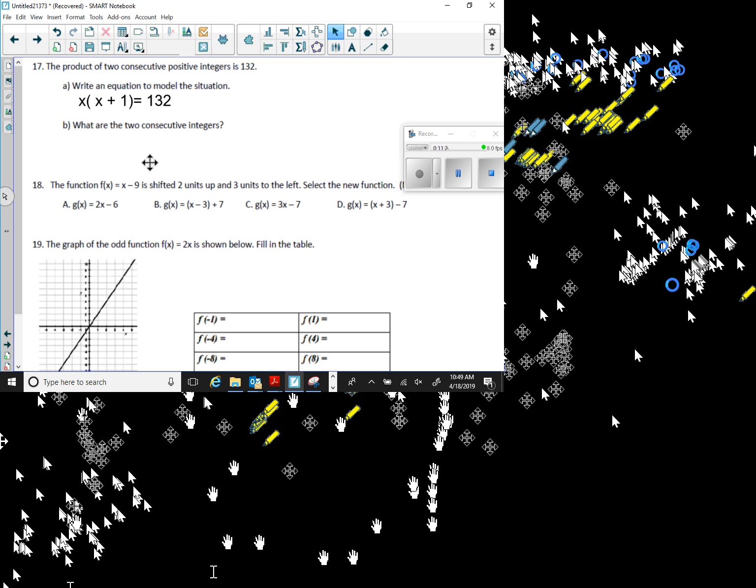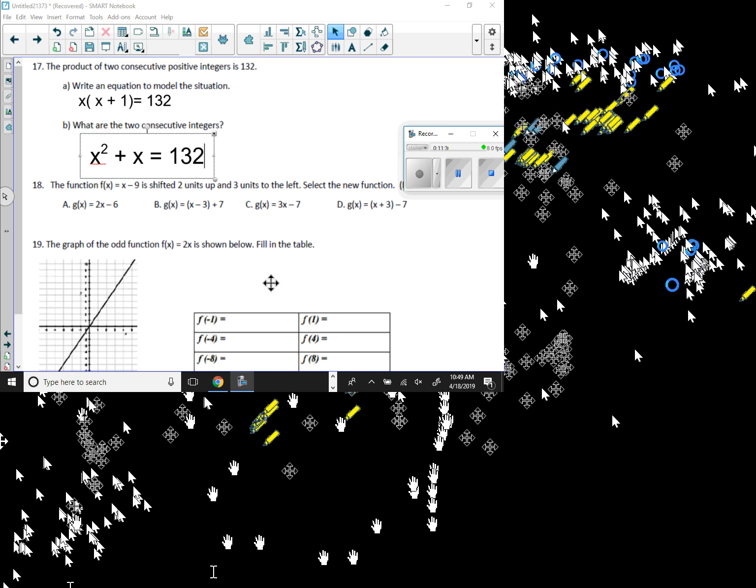That would be your equation. Okay, so how do you solve this? Well, you've got to multiply, and you end up getting x squared plus x equals 132.